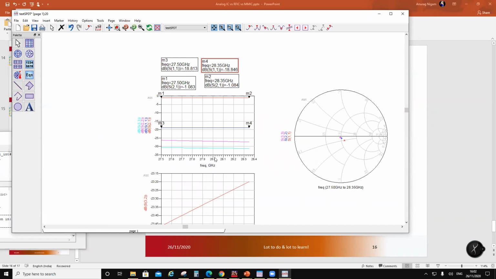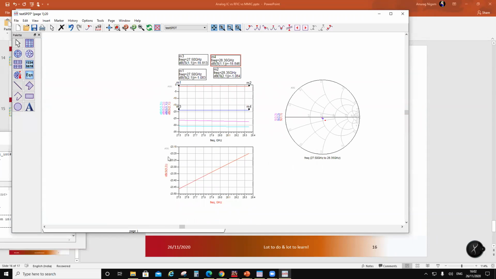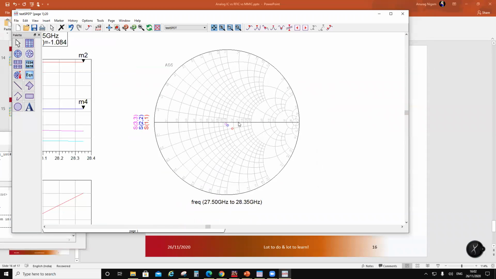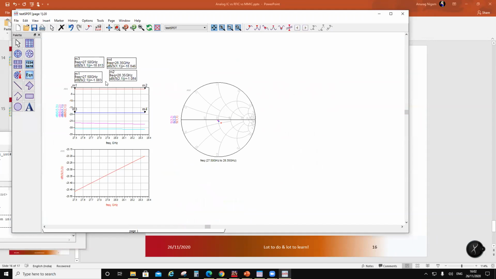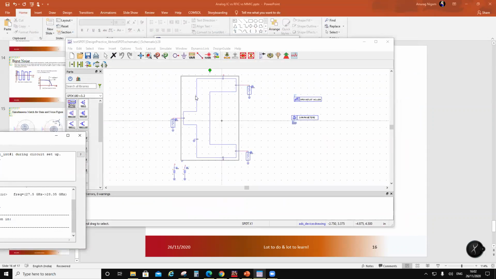Worst case return loss is 18 and isolation is 23 and match is like this. So I've done a little cheating. Of course, you can also work with this and see what you get. Anyways, so this is the switch I'm going to use.